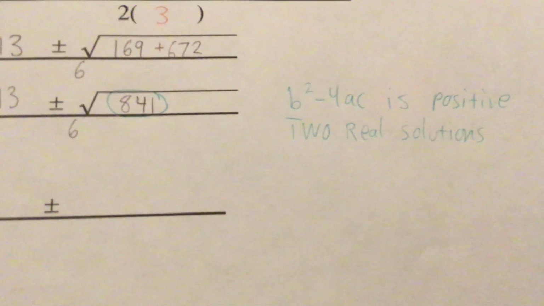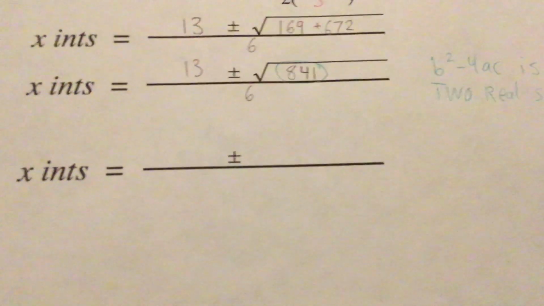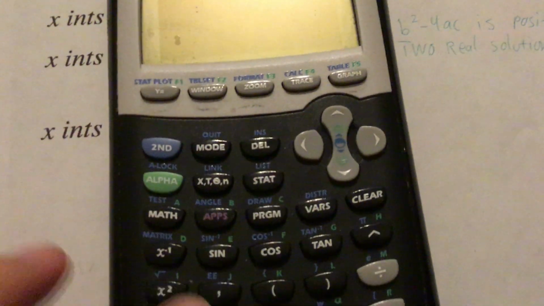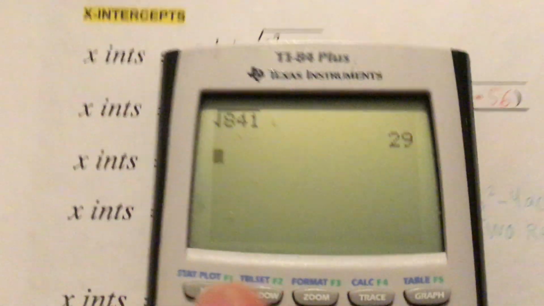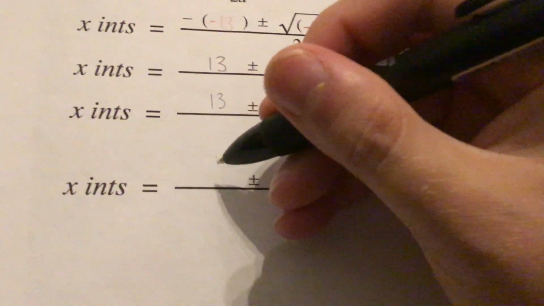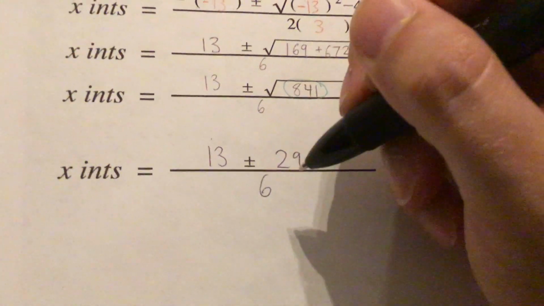Okay? So now that the quadratic trinomial has 2 real solutions, let's figure out what is the square root of 841. 29. Ooh. So now we've got 13 plus or minus 29 over 6.